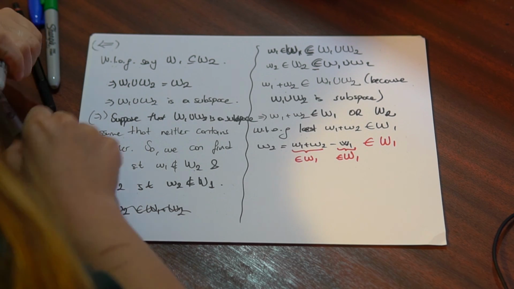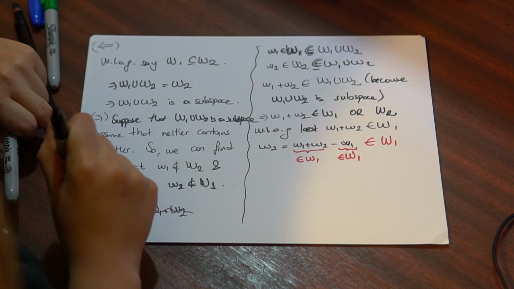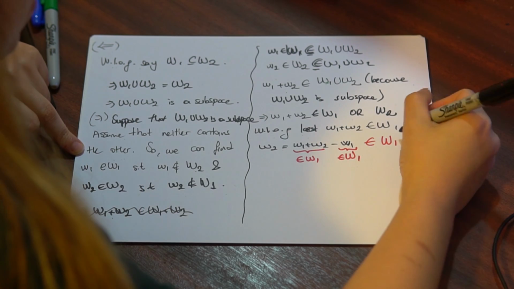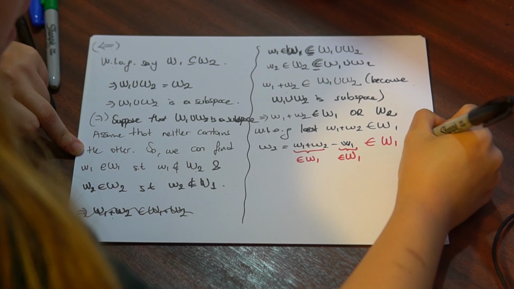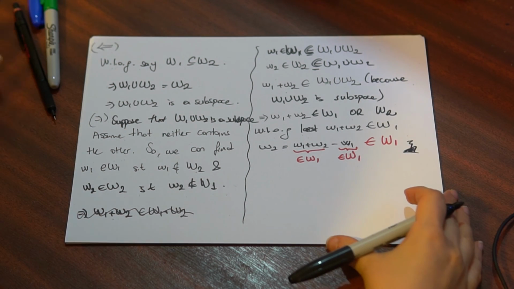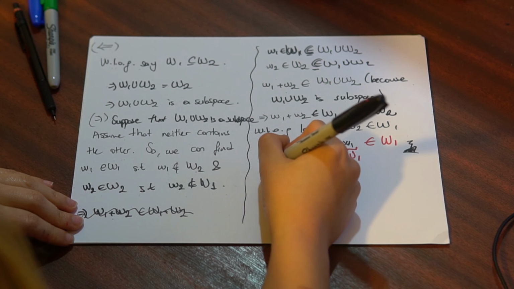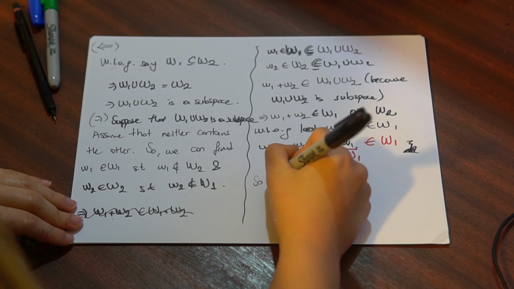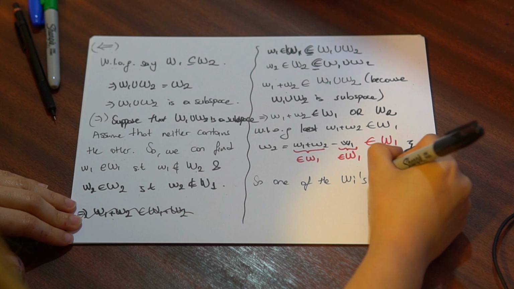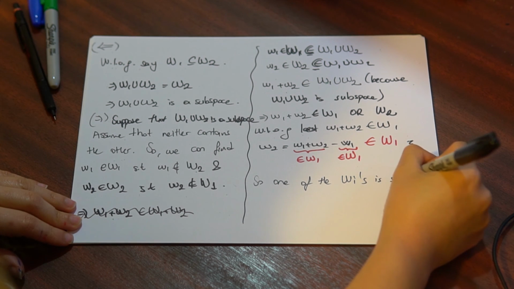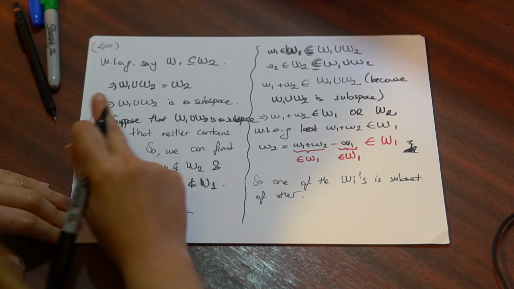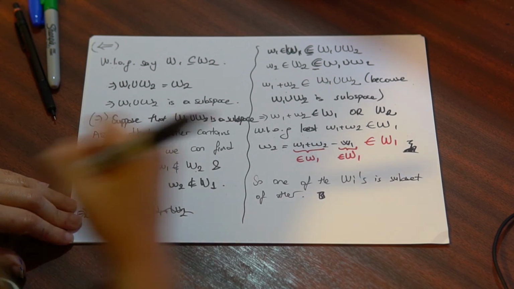But we chose w2 as not in V1. So this gives us a contradiction. So one of the Vi's is a subset of the other. This completes this side of the proof.